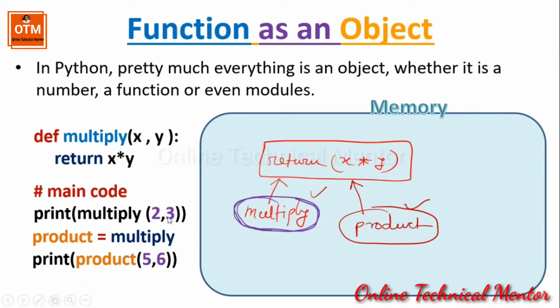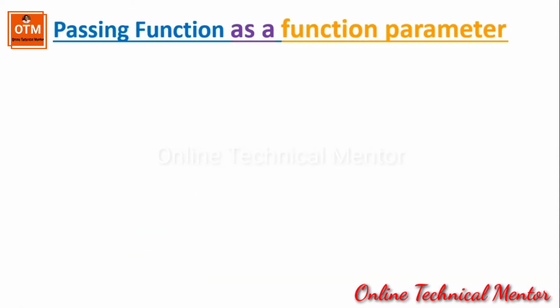That's why multiply 2, 3 and product 5, 6 will behave in a similar way. That's why I have written function as an object. That means we can treat this function as an object. With the help of this concept, I will show you the method of passing a function as a function parameter.